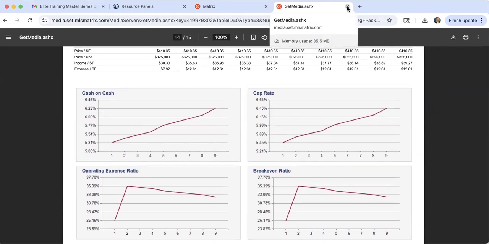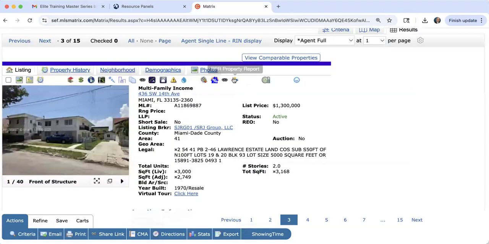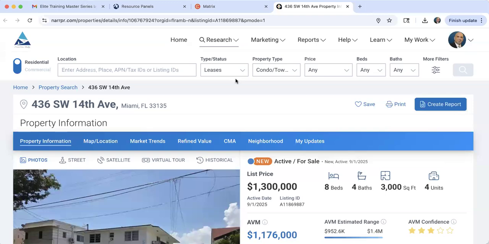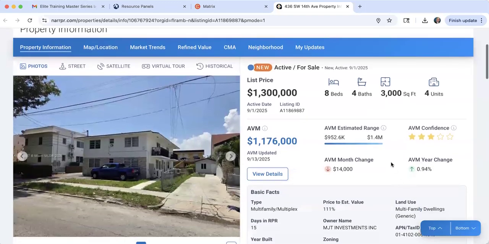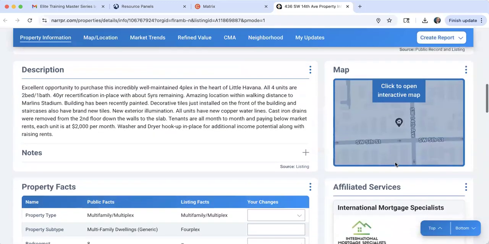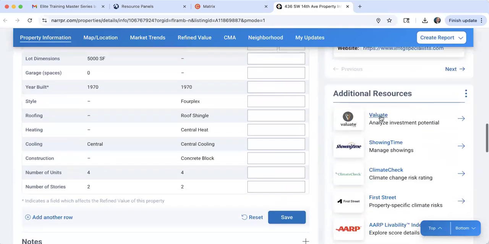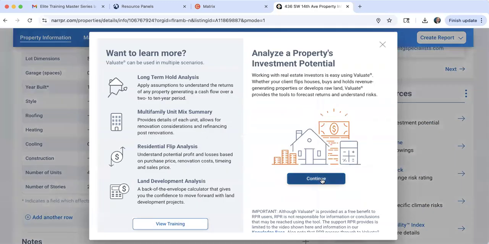Now, if you guys want to do the same thing, you can always click on RPR. See up here? Click on RPR. Let's click on evaluate right here, and let's click on continue. This time it's not going to be a quick fix and flip.